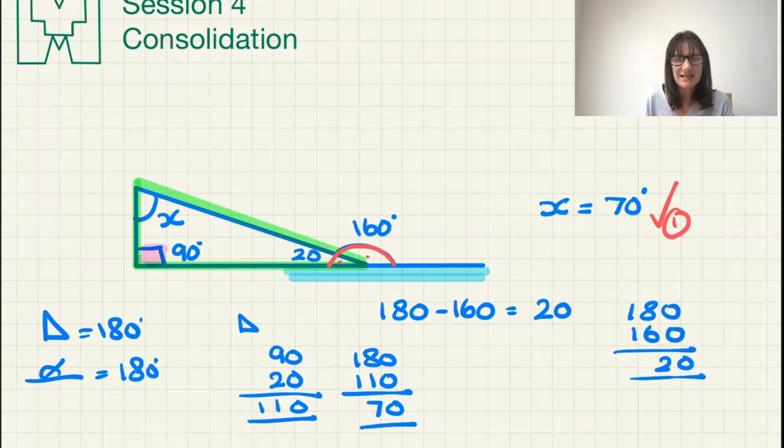But if there are gaps, if the 70 was a lucky guess, you're not getting all the marks. Your working out has to really support your answer. So you should have pretty much everything that I've got written down in your workings out.